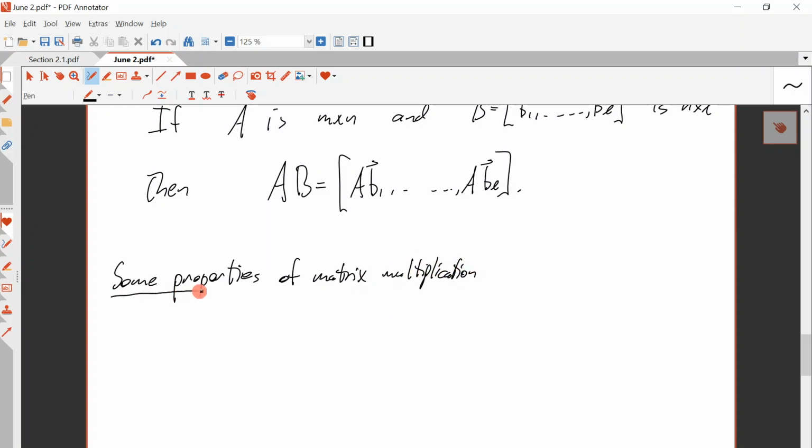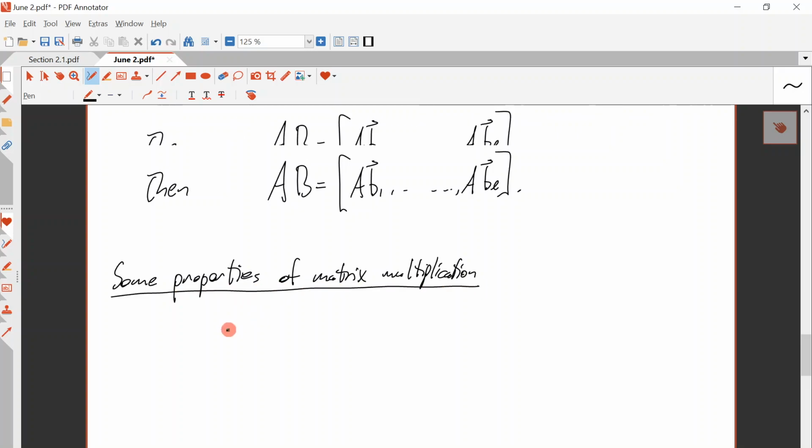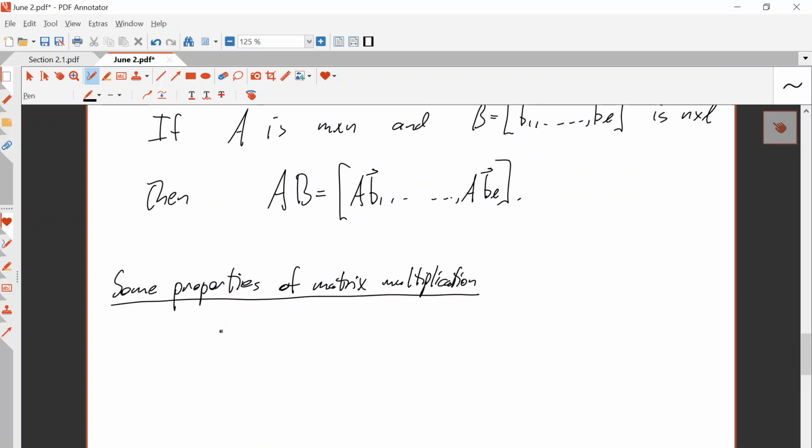So again, these properties have to be verified, but we'll just take them as true. We'll omit the proofs of them. So the first is that, as long as the multiplication is defined, you have associativity.